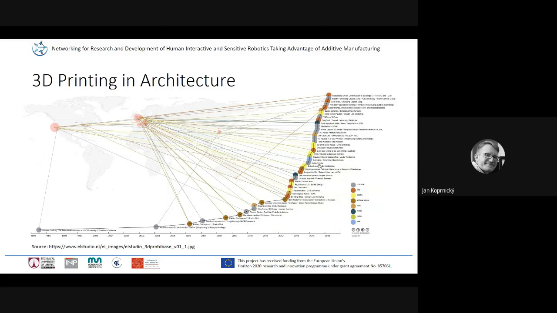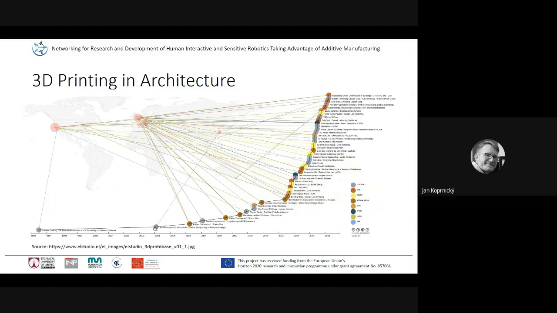So you can see it's not so new technology. In the 90s of the 20th century, contour crafting started with first tests, and it accelerates in the last decade, and we try to follow also this trend.